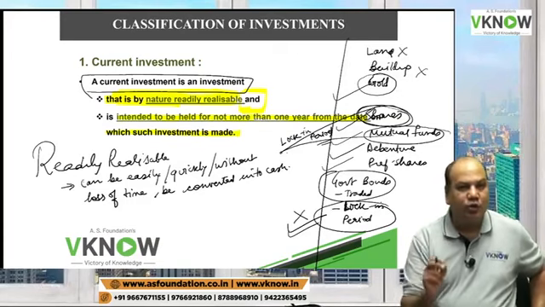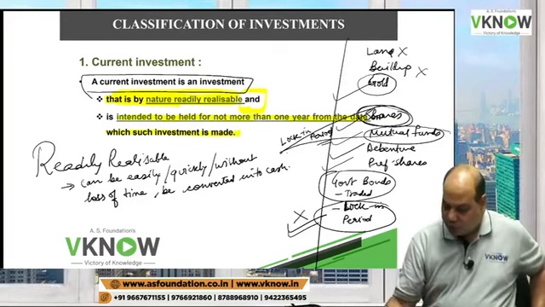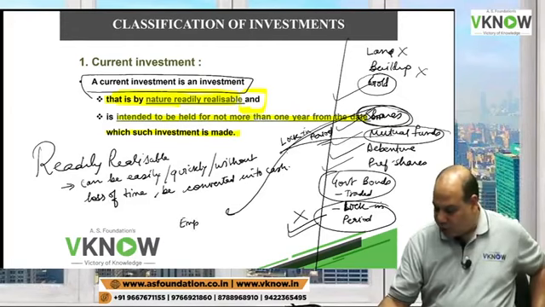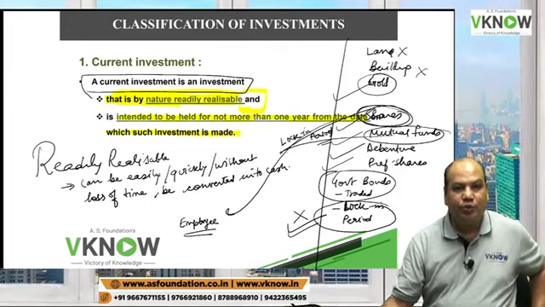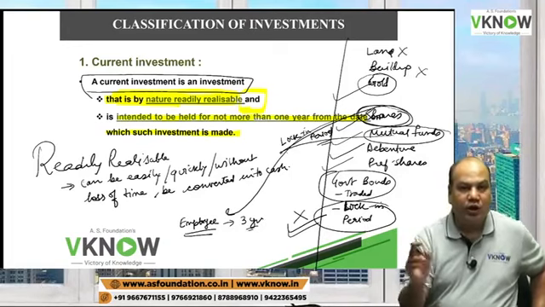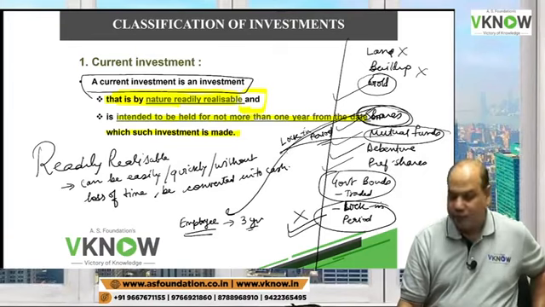Can shares have a lock-in period? Yes. For example, if an employee receives shares from the company, the company will put a condition on him that for 3 years he cannot transfer the shares. Then these shares will not have liquidity. They are not readily realizable.